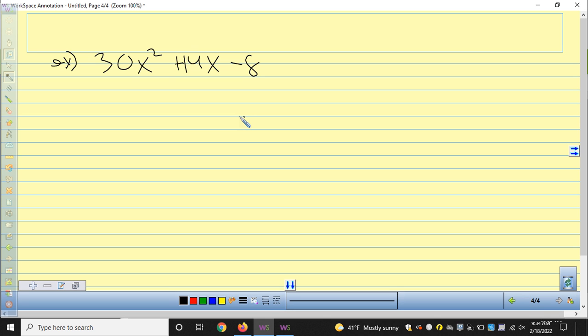So the first thing that we should do is check for a greatest common factor. Is there a number that will go into all of 30, 14, and 8? 2 goes into all of 30, 14, and 8. So we're going to say this equals 2 times 15x squared plus 7x minus 4.